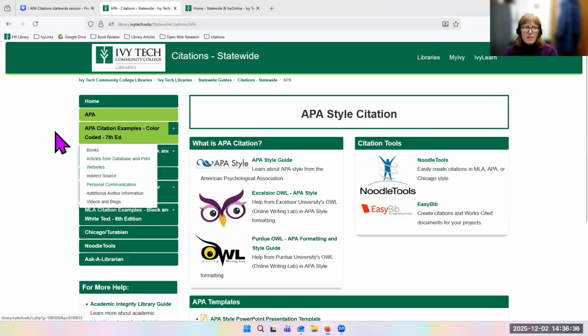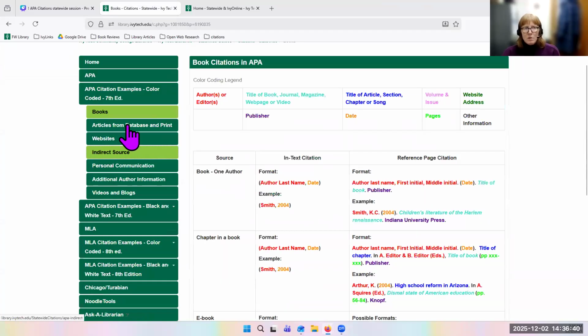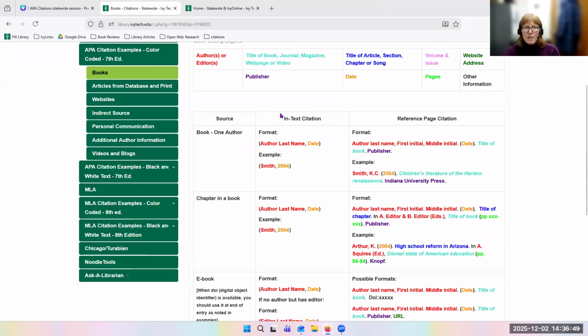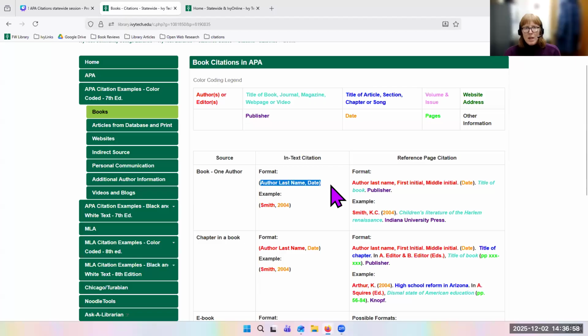And we also have citation examples underneath, and those will break down the different types of sources again by books, articles, websites, personal communication, etc. And it will show an example of an in-text citation, and it will also show an example of a reference page citation. And we have both the format that you would use and follow, as well as a real-life example below it. And that is true for each of these different types of sources.